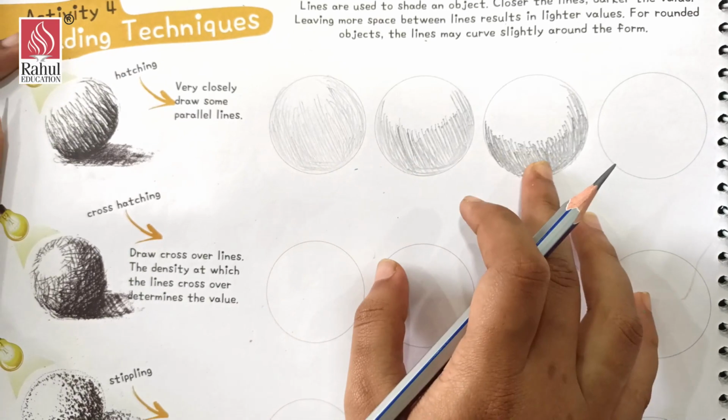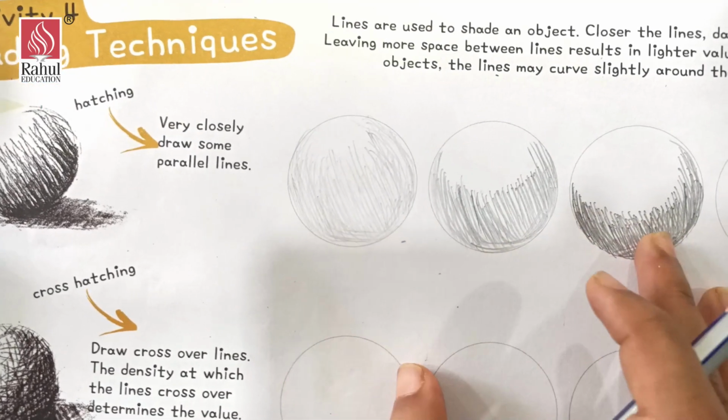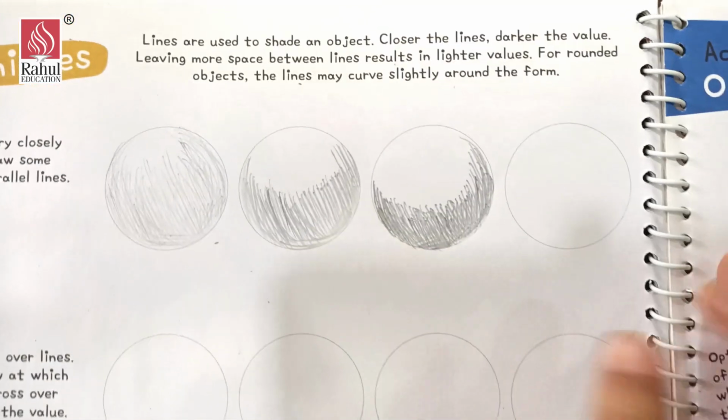Can you see the difference in these three tones? Now all this we are going to combine in this final object.